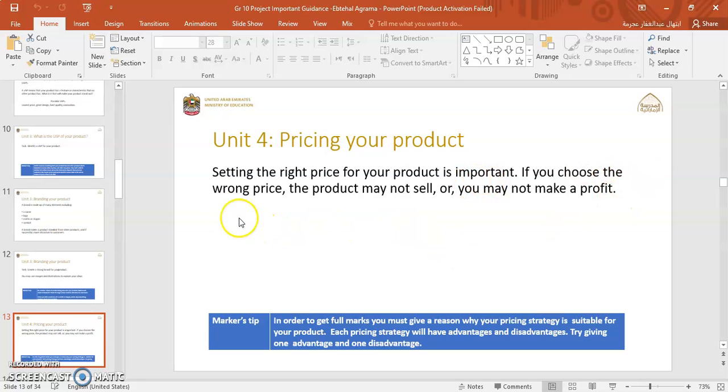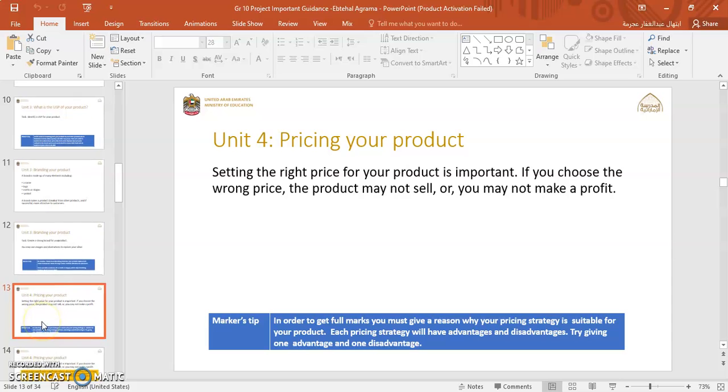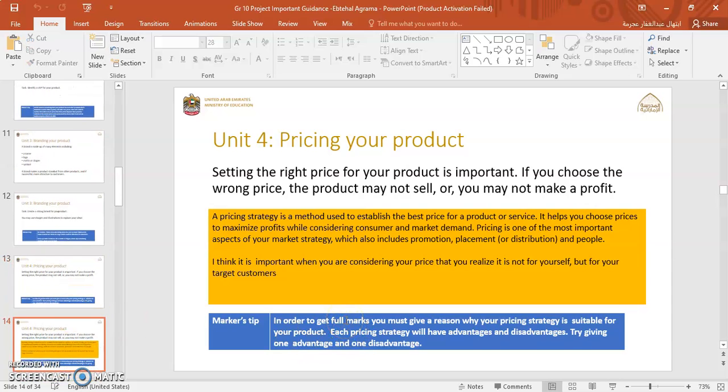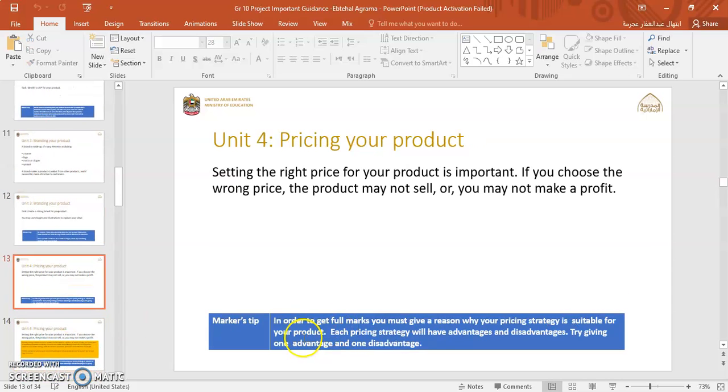If you choose the wrong price, the product may not sell or you may not make a profit. In order to get full marks, you must give a reason why your pricing strategy is suitable for your product. Each pricing strategy will have advantages and disadvantages. Try giving one advantage and one disadvantage.